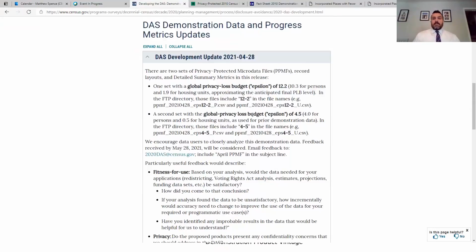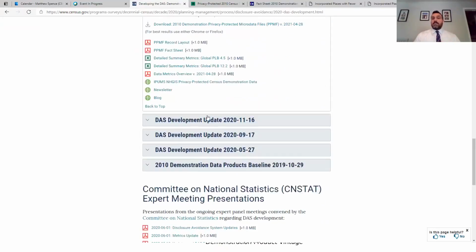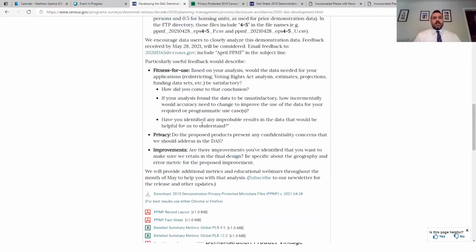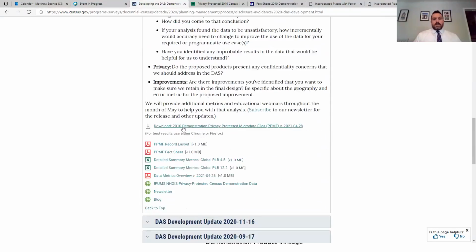We also included a lower privacy loss budget of 4.5 to allow users to compare to prior runs of the demonstration data, so you can see the improvements that are due to the algorithm and the improvements that are due to the increased epsilon. So you can actually even download the microdata if you're interested, but right now I'm going to be focused on these detailed summary metrics. So here I'm going to open up the 12.2.